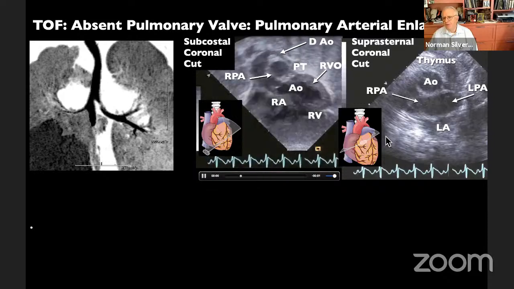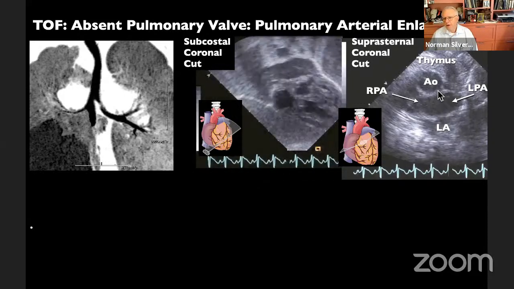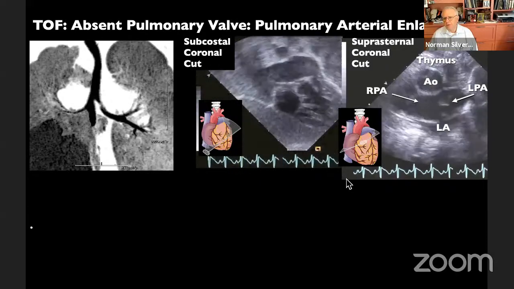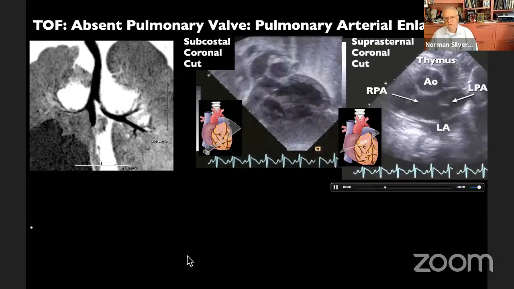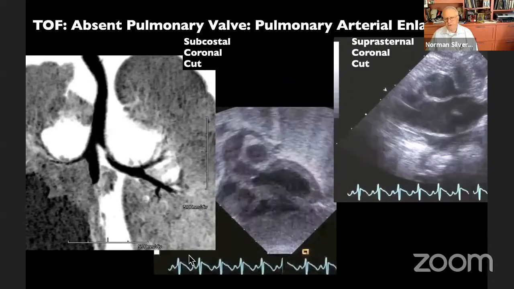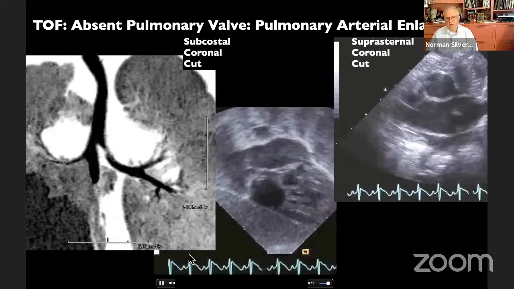And here from the suprasternal notch in the suprasternal coronal cut, you can see the transverse aorta and the branch pulmonary arteries, which are massive, going to the hilums of the lung. And we'll zoom in on that now for you to get one look if you happen to look on a cell phone on this particular copy.